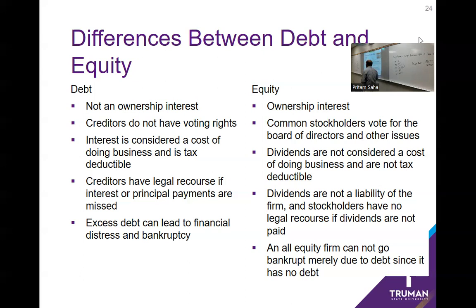One point that is not added here: during bankruptcy, debt will be paid before equity. If there is a bankruptcy and the corporation does not have sufficient money to pay debt and equity, debt will be paid first, then whatever is left. Make sense?